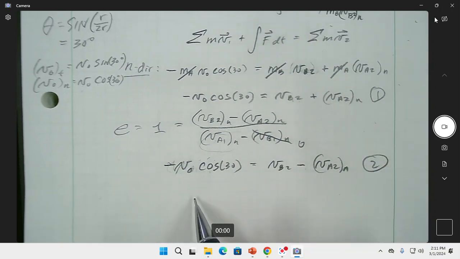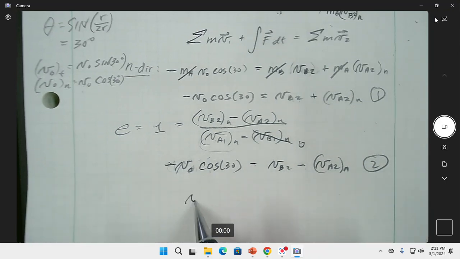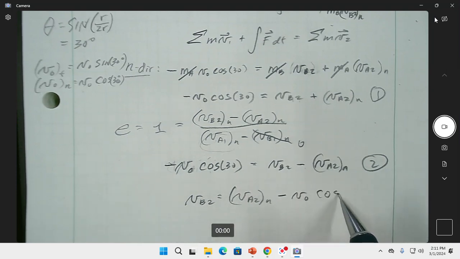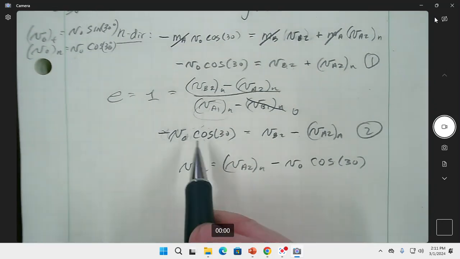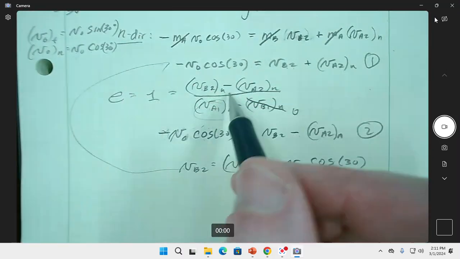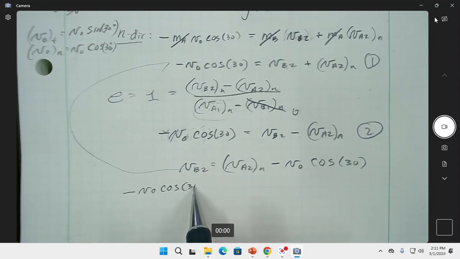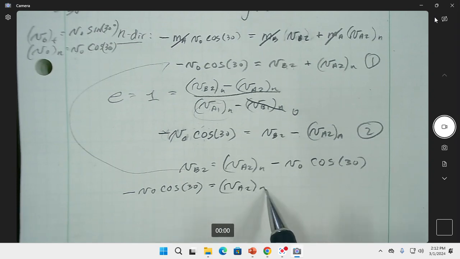I'm going to go with V A2, I guess. So V B2 is equal to minus V0 cosine 30 minus V A2 normal.